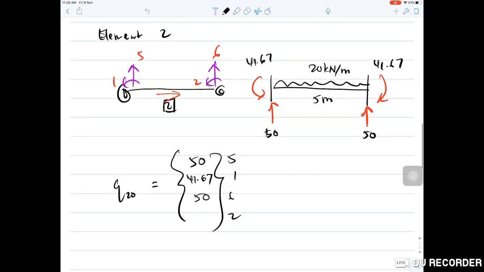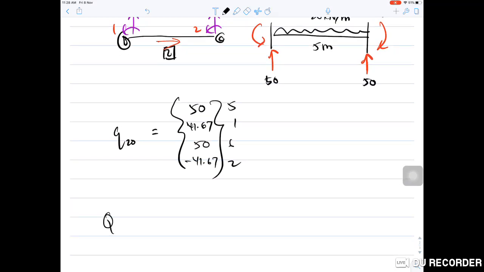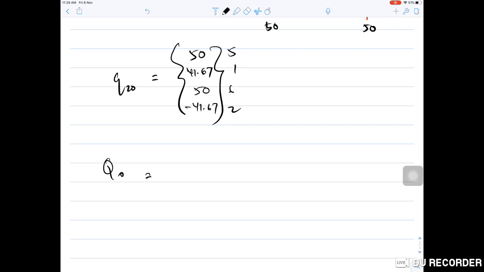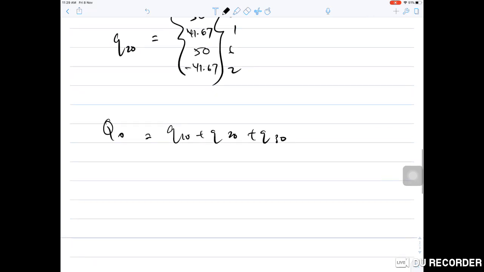And 2 is negative 41.67. So Q naught is Q1 naught plus Q2 naught plus Q3 naught, right? Yes. Okay, so it is a matrix.